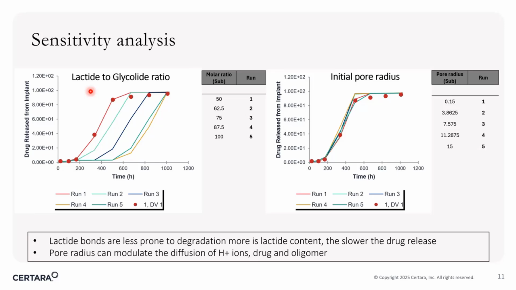Having said that, when you are manufacturing an implant, even though you change only material attributes like lactide to glycolide ratio, it is expected to cause some change in critical quality attributes, like porosity. It can change the drug distribution within the implant, which in turn can impact initial releasable fraction.